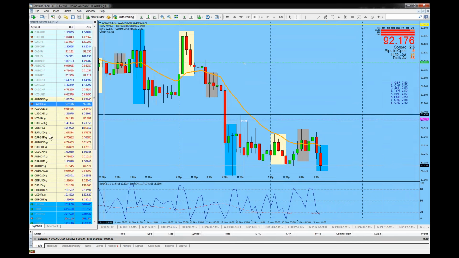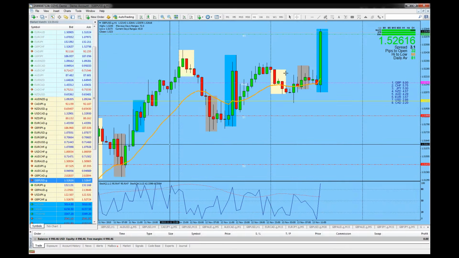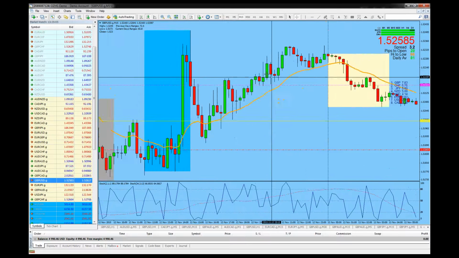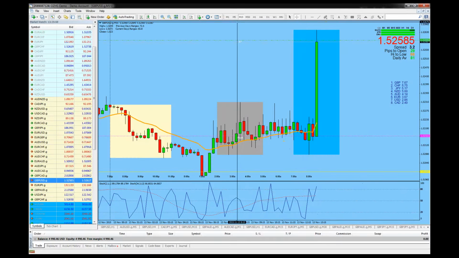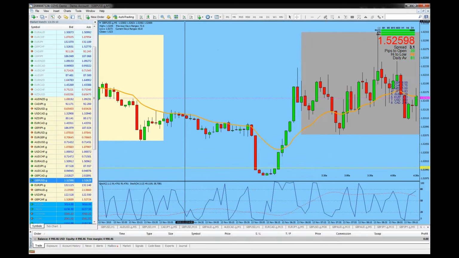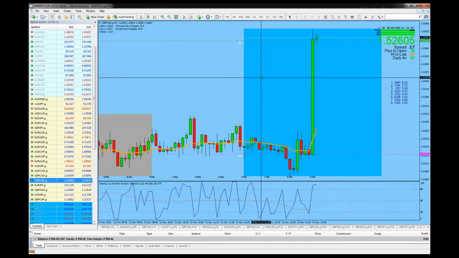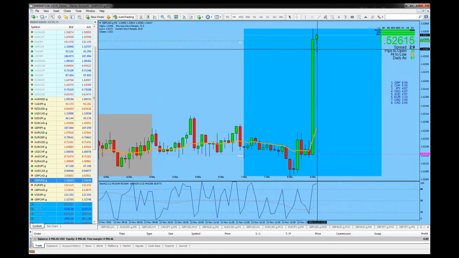Pound dollar. Oh, 1 hour chart. Let's go down to a 15 and a 5 and see what's going on. Same thing. This is just going to be one big candle no matter what we do. Pound dollar is still really strong.